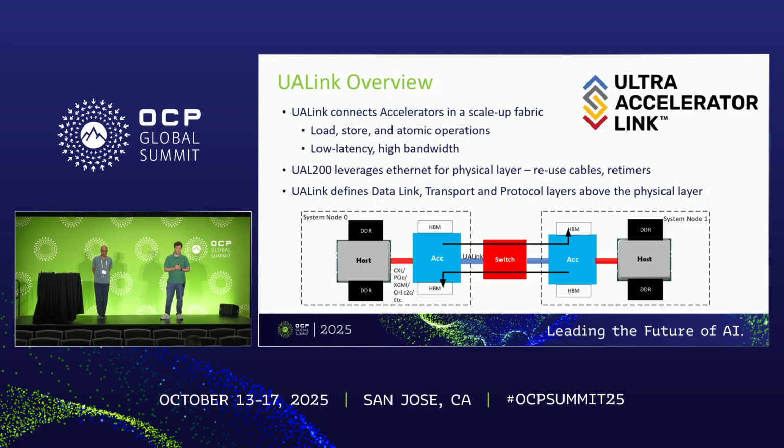It leverages Ethernet, specifically 802.3dj, for its physical layer. That means we can reuse things like Ethernet cables and Ethernet retimers, but it defines its own data link layer, as well as transport and protocol layers above that physical layer. That lets us simplify things, slim them down, and really focus on the important parts of a scale-up fabric.